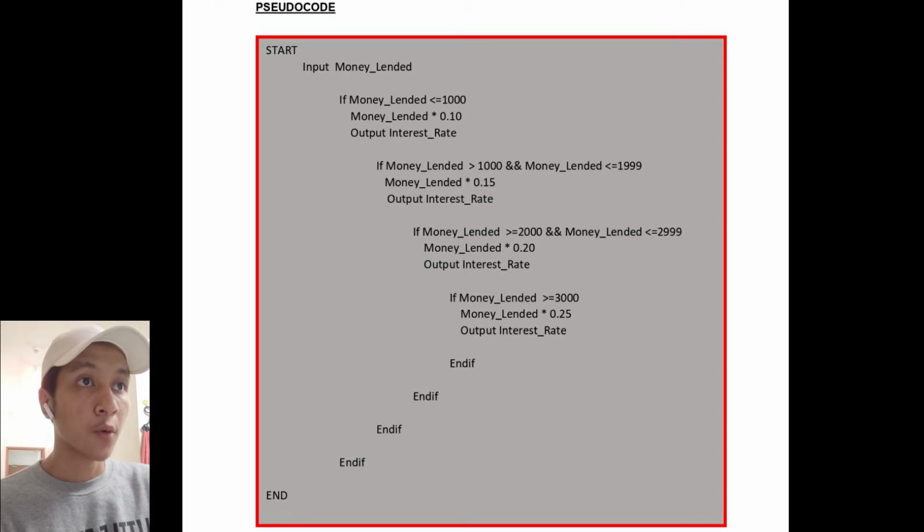And then get output interest rate. If money lended is greater or equal to 2,000 and money lended is below or equal to 2,999, money lended must be multiplied with 0.2. And then type in output interest rate. If money lended is greater or equal with 3,000, money lended must be multiplied with 0.25. Output interest rate. And then type in end if, and then end.